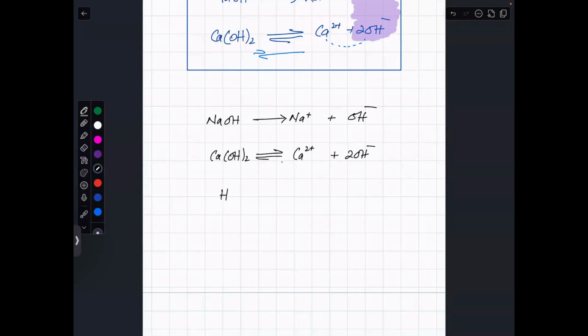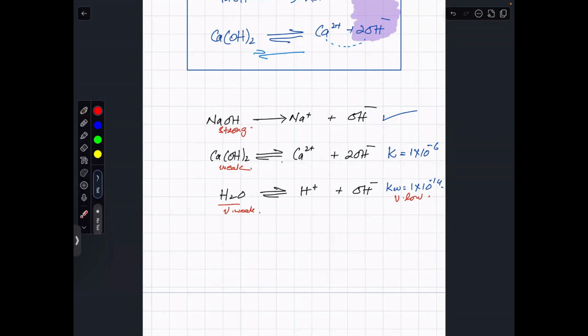This is water, H plus and OH minus. Suppose the ionization constant of calcium hydroxide is 1 into 10 power minus 6, I'm assuming, and the Kw of water is 1 into 10 power minus 14. Which one is very low? This one. So it is very weak. This is weak. NaOH is strong.